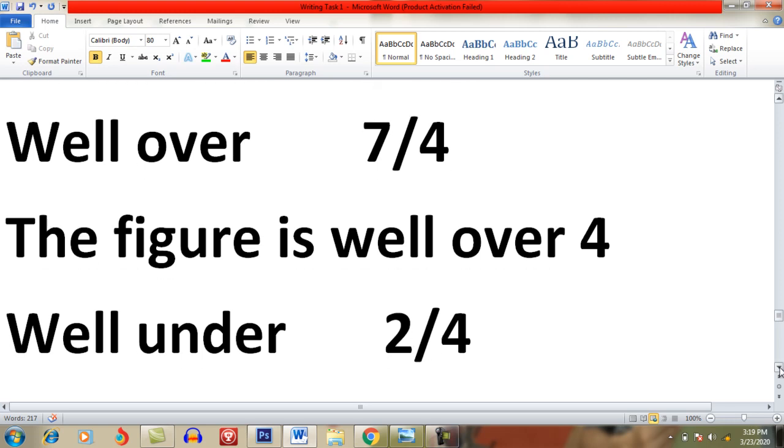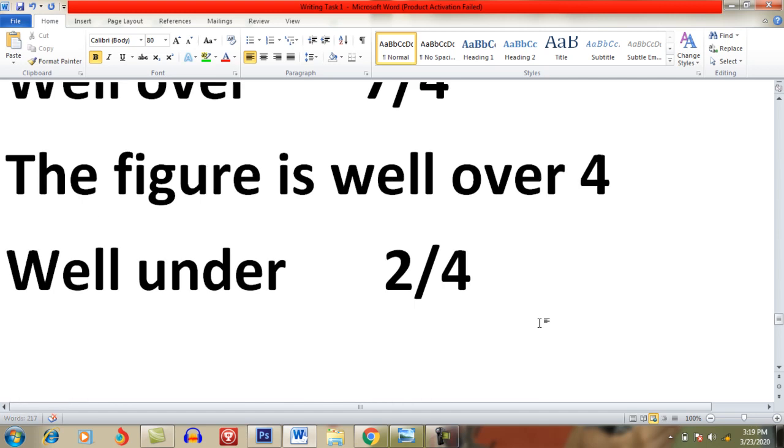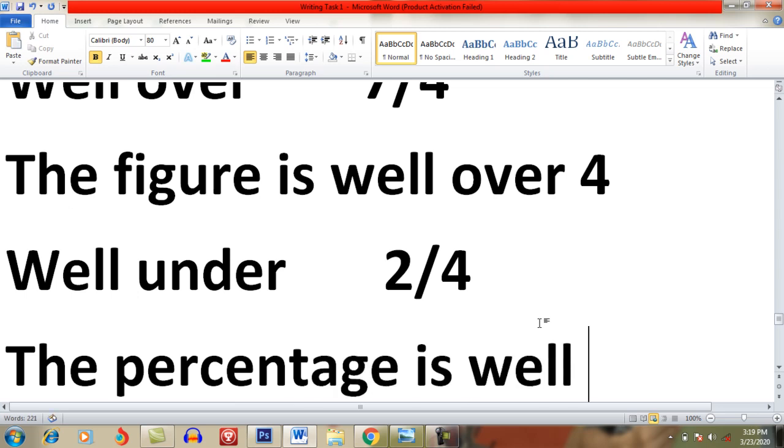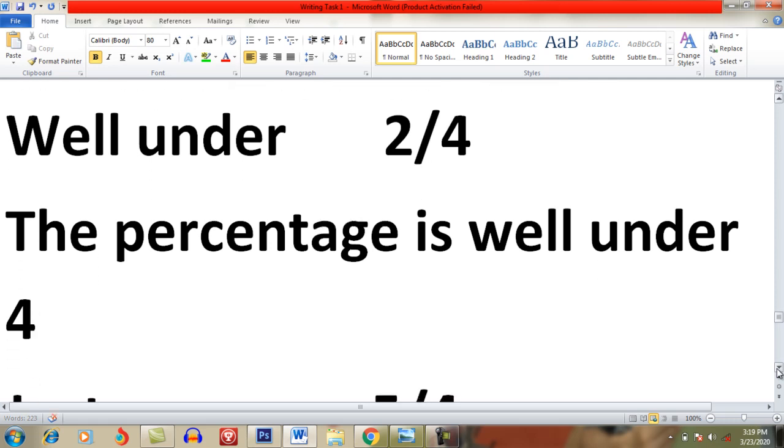Whenever you are talking about the figure 4 and the percentage or figure is 2, you can say this number is well under 4. So you can describe upward trends as well as downward trends using these words, well under and well over.